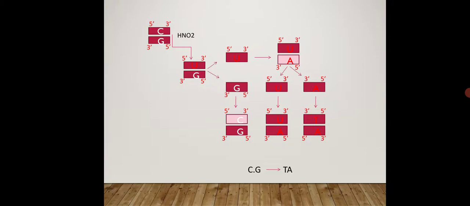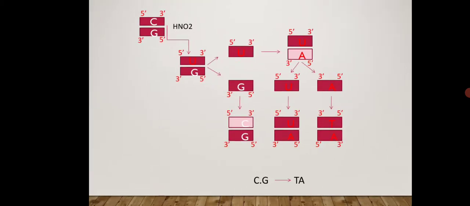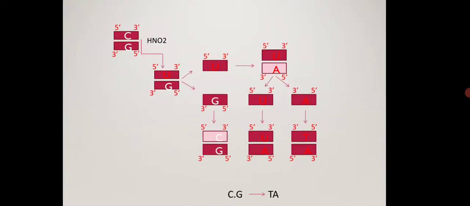Here you have the normal gene, which consists of the base pair cytosine and its complement guanine. When you add this nitrous acid, that is HNO2, it is a mutagen, so definitely it is going to create a mutation.